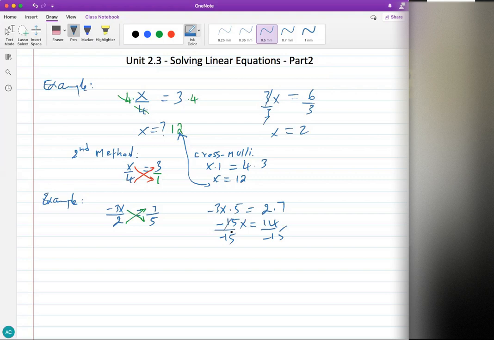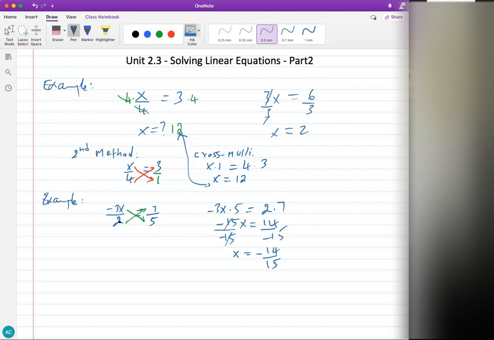That way these two cancel out, because when you divide something by itself, it cancels out. You get x by itself, and this is basically the answer. Try to reduce this if possible, but nothing goes into 15 and 14, so the answer is negative 14 over 15.